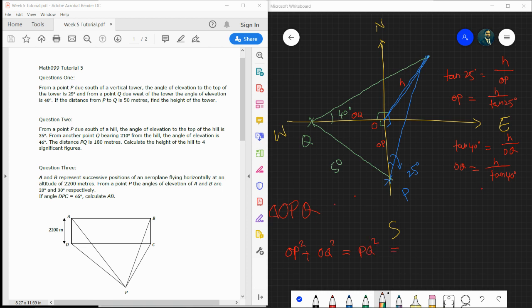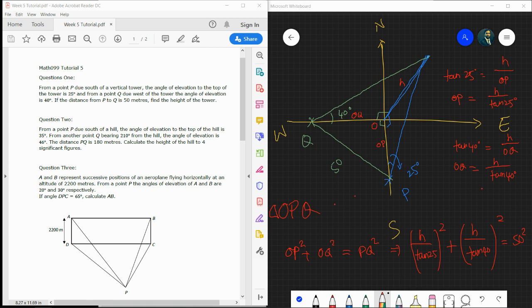It gives you (H over tan 25) squared plus (H over tan 40) squared equals 50 squared. Now everything is in H, only unknown is H in that equation. You can solve it and find out your H.